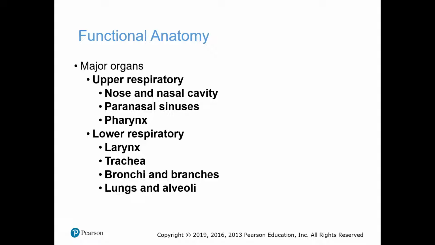Even though we call it the pharynx, it's the back of our nasal cavity, or the back of our mouth. It's our throat, if you will. So we have the nose and the nasal cavity, the sinuses, which we all know are located in the frontal bone, and then we have the pharynx.